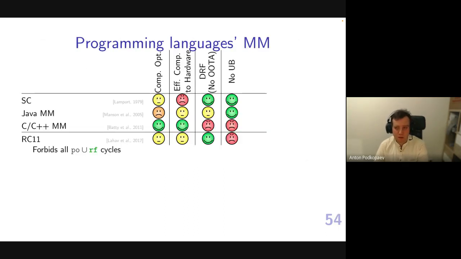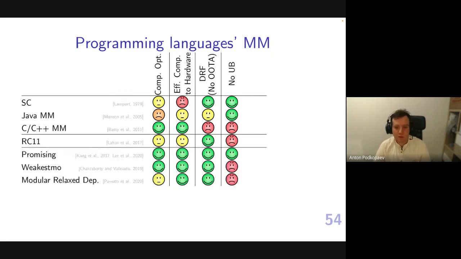Okay. There are some other theoretical models to solve the problems, like the promising memory model, the weakest memory model, and the MRD model, with different advantages and drawbacks. Unfortunately, we don't have much time to talk about them today.